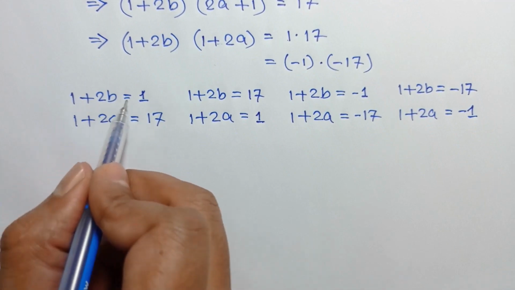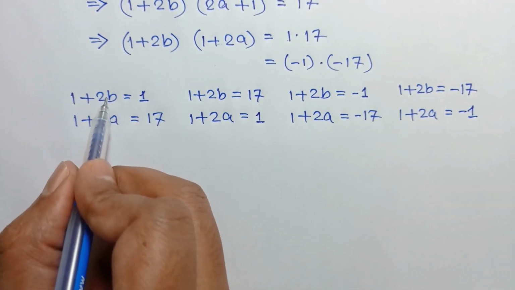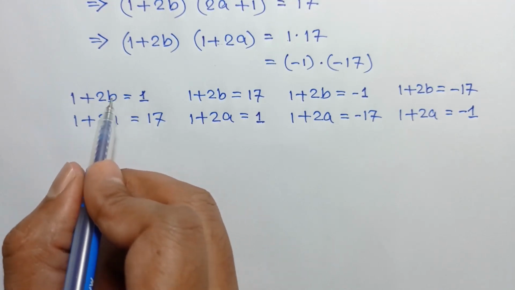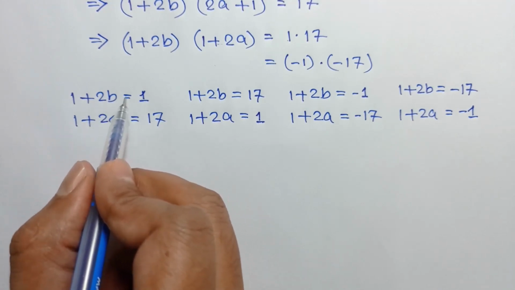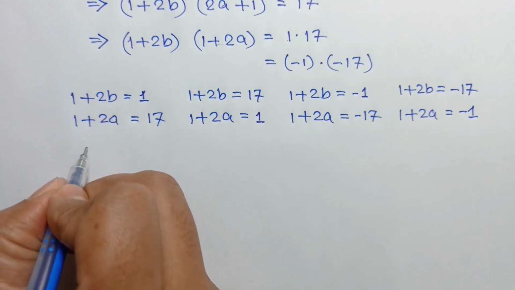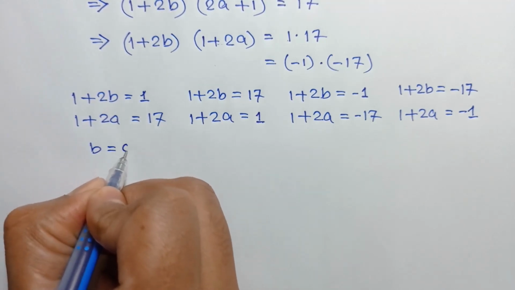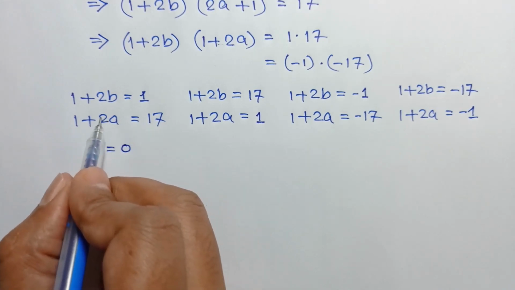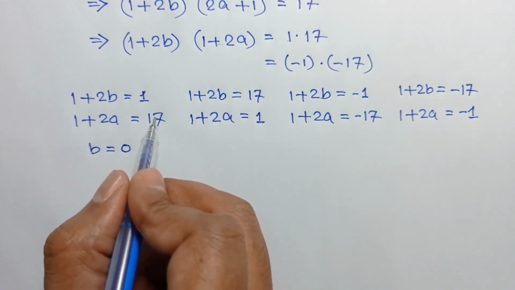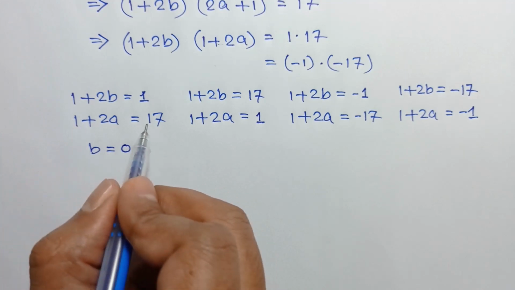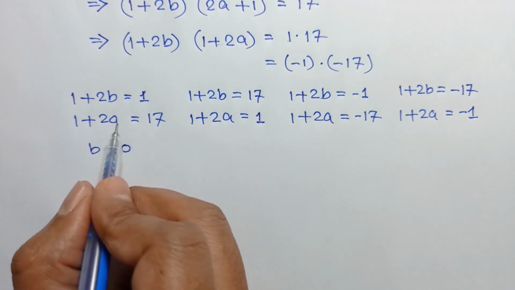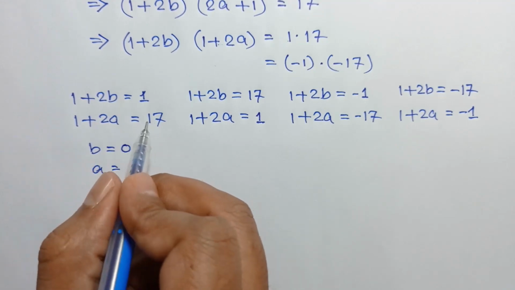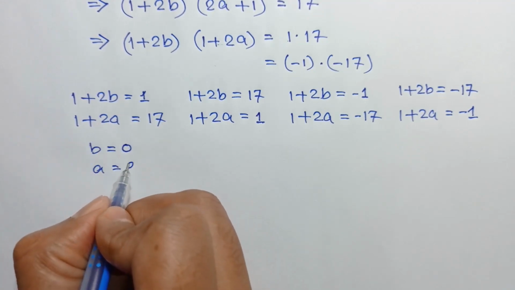Now from here, 2b will be 1 minus 1 is equal to 0. Dividing both sides by 2, we will get b is equal to 0, and from here 2a is equal to 17 minus 1 is 16, and dividing both sides by 2 we will get a is equal to 16 divided by 2 is 8.